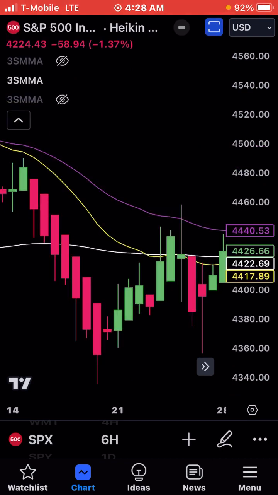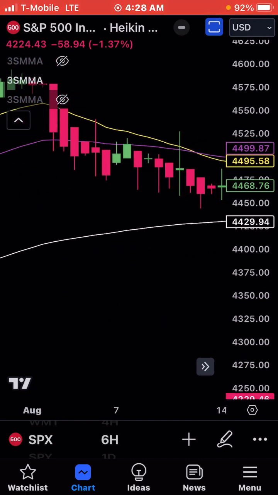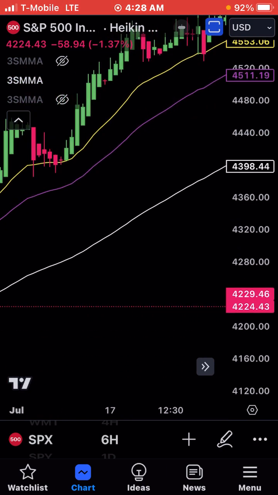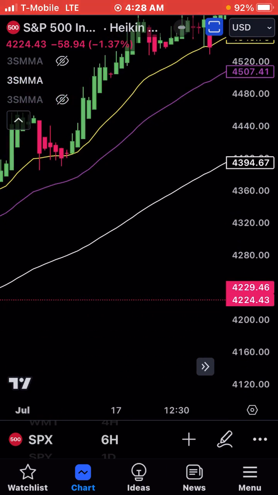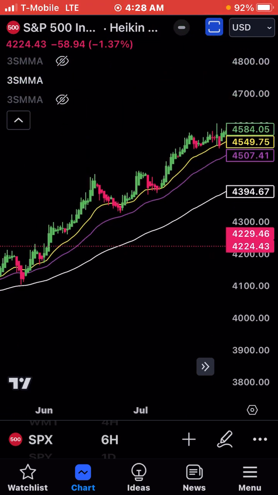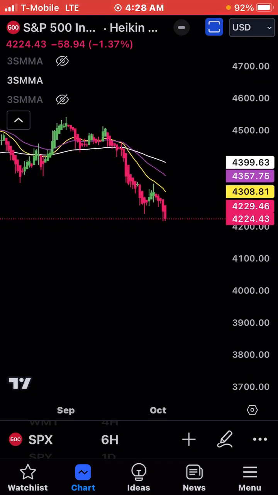It's a little bit different with the stock market. From what it looks like, it works better with Forex. But for the stock market, I would probably just find the overall trend on the 6 hour. I wait for it to cross, which is like right here.